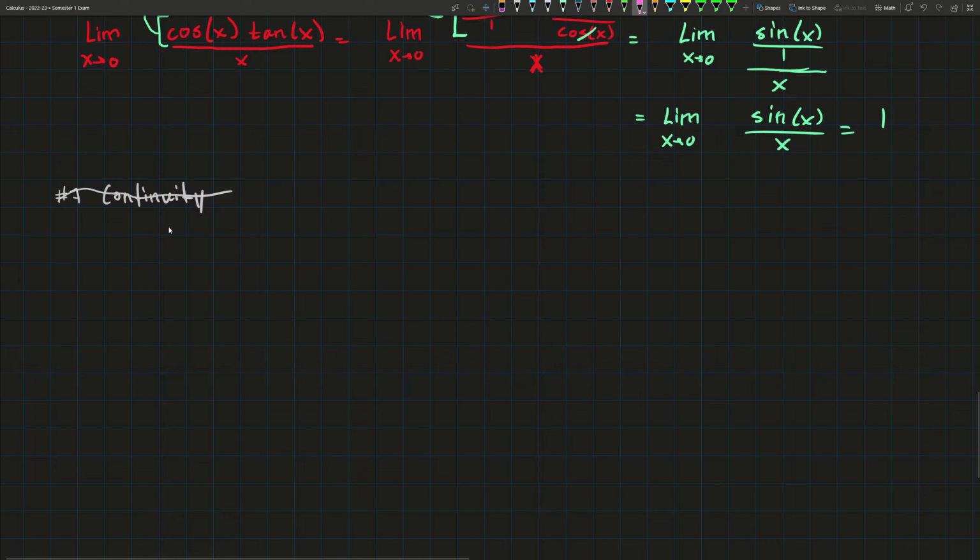So 18 says limit as x approaches infinity of 2x cubed minus 7x plus 1 over negative 3x to the fourth minus 100. Okay, again, really all we're doing is looking at the degree of the numerator and denominator and comparing them.